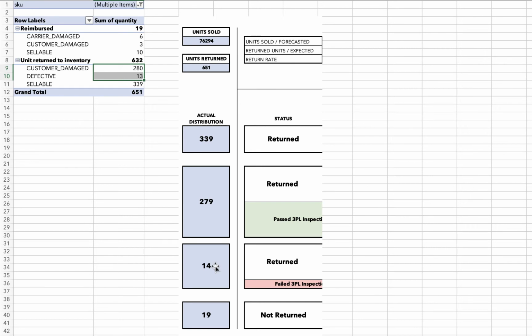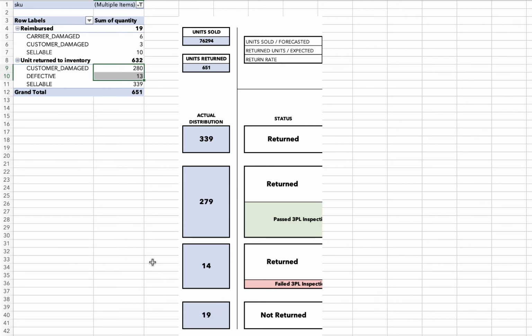So what we did was we pulled our reports from last year. Our 3PL said, look, of all the 293 that were sent to us for inspection, only 14 of them actually failed. So we put in 14 here and 279 here. And then for the ones that were never returned and reimbursed, you're going to find that here as reimbursed quantity 19. Okay, and we put those in here.